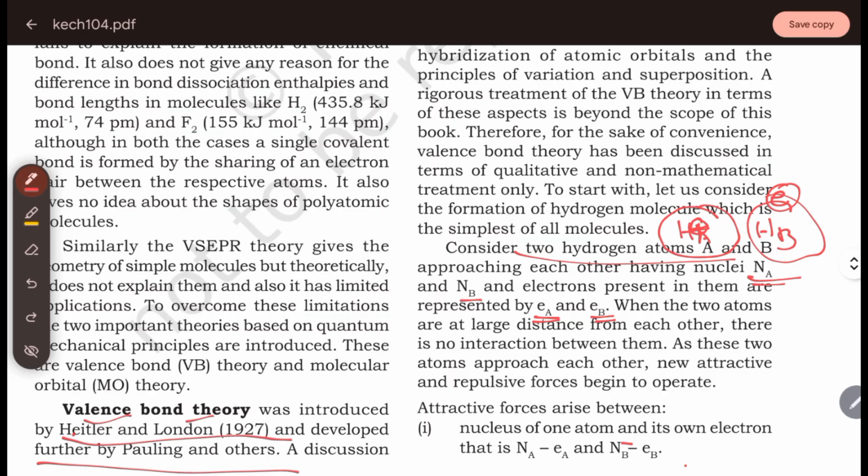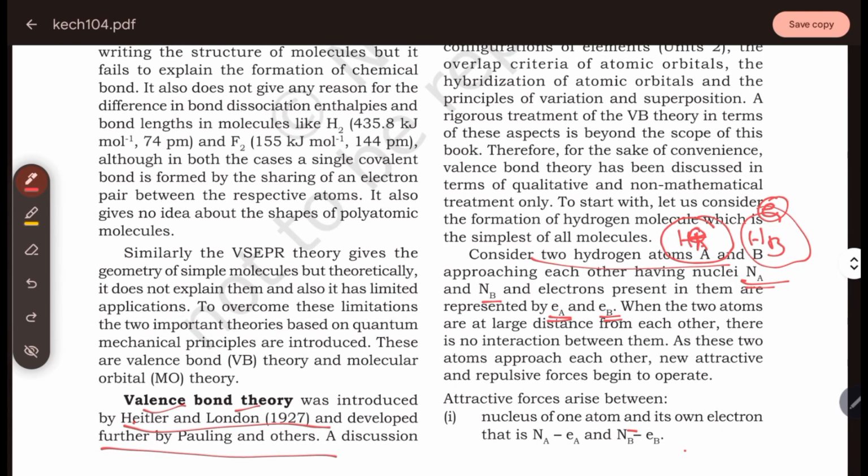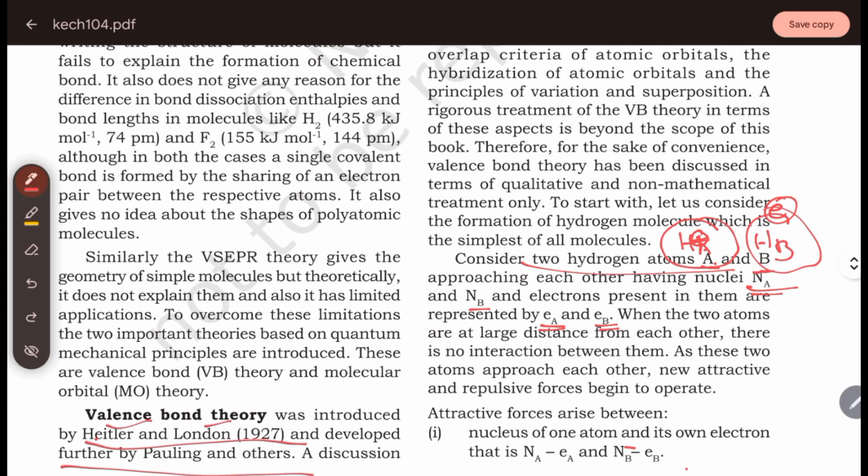As for example, if we consider two hydrogen atoms and we tag them as HA and HB, when they are forming a chemical bond, it is assumed that the two hydrogen atoms are approaching each other. They are coming in close proximity to one another.